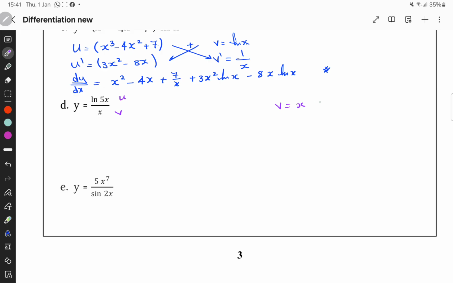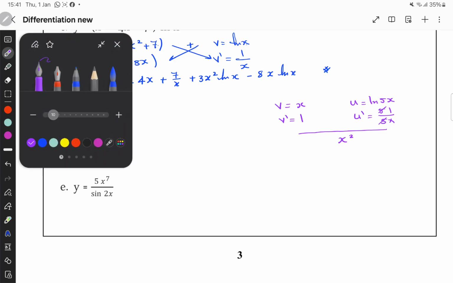So v is equal to x and u is equal to ln 5x. Now start to differentiate: x gives 1. The derivative of ln 5x is 1 over 5x, and the derivative of 5x is 5, so that it's cancelled. All of that divided by v squared, which is x squared.